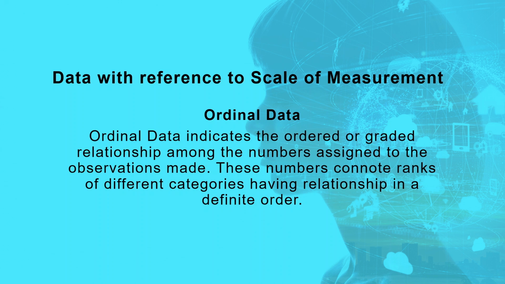For example, to study the responsiveness of library staff, a researcher may assign 1 to indicate poor, 2 to indicate average, 3 to indicate good and 4 to indicate excellent. The numbers 1, 2, 3 and 4 in this case are a set of ordinal data which indicate that 4 is better than 3, which in turn is better than 2, and so on. The ordinal data show the direction of the difference and not the exact amount of difference.